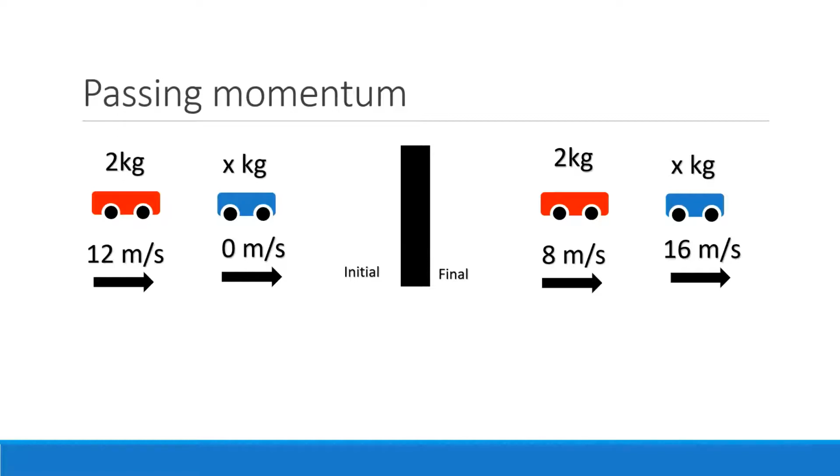Now, what I'd like you to do first, before we even start this question, is in chat, I want you to make a guess. I want you to try and use your intuition. We've got a 2 kilogram cart hitting a blue cart, and then that blue cart flies off at a really fast speed, 16 meters per second, whereas the red cart doesn't change its speed very much.